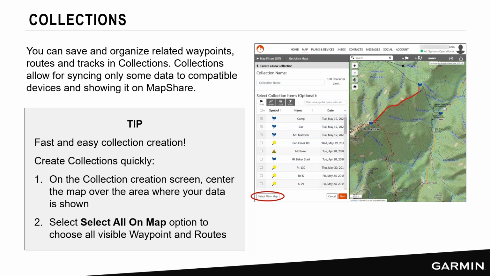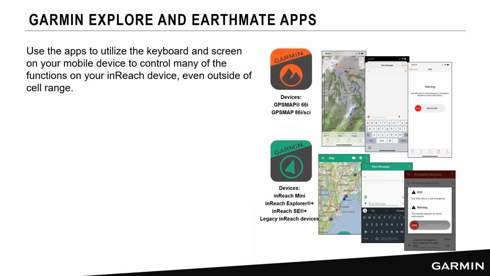This is actually how I created all of my collections because I had years worth of data that I had built up. And all I did was fly to Mount Langley, where all the data was for that hike, centered on it, and then said select all on map, and it created the collection for me. It's very powerful. I very quickly created collections to organize all my data. So keep an eye on that tip. I think you'll find it useful.